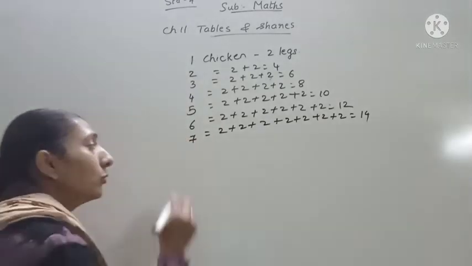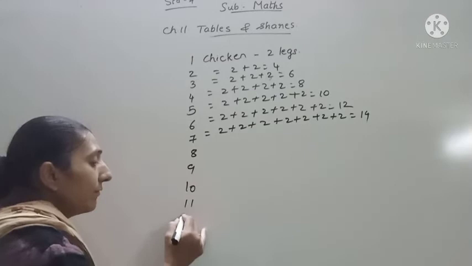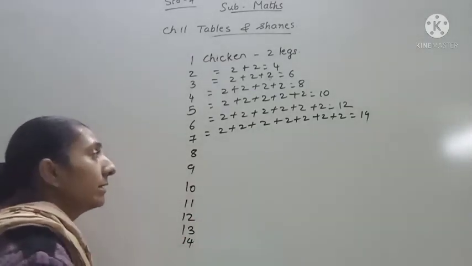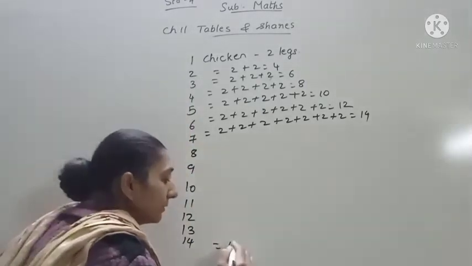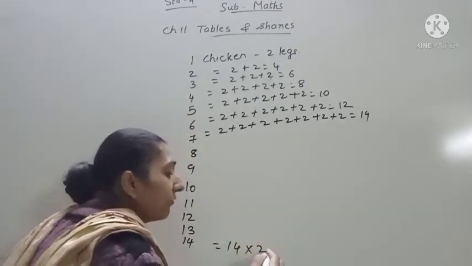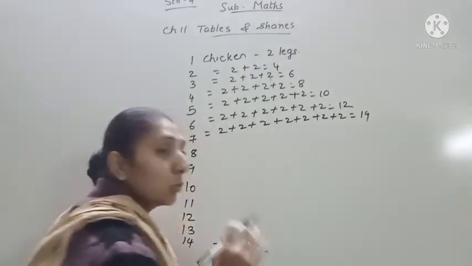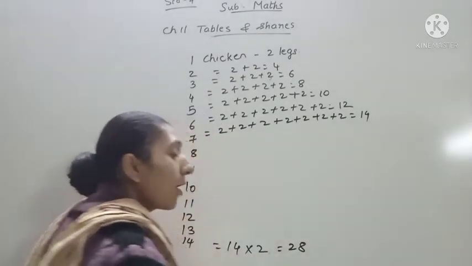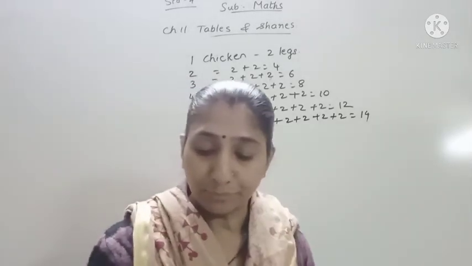So likewise we have to do for 8, 9, 10, 11, 12, 13 and 14. 14 twos are 28. So when we add 2 for 14 times we will get 28. So how many chickens are there? 14 chickens.